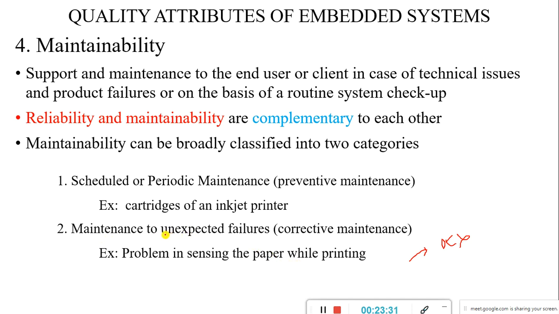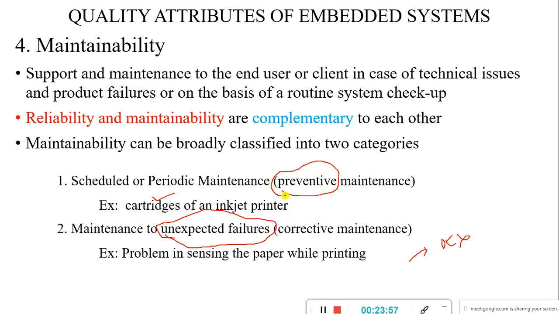In such cases we call it an unexpected failure. We will not know when the sensor stops working, right? We will know when the cartridge stops working, after maybe 2000 or 2500 pages, but this we don't know. That's what we call an unexpected failure or corrective maintenance.